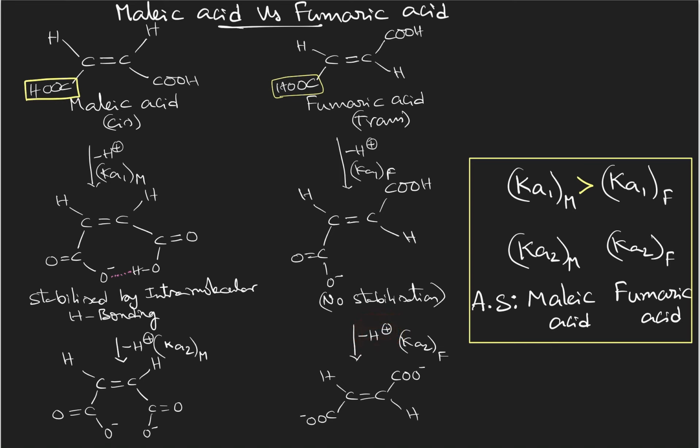Therefore, you can say that in the comparison between Ka2 values, fumaric acid Ka2 is higher than malic acid Ka2. But if you observe here, malic acid Ka1 is higher, whereas fumaric acid Ka2 is higher. So how do you compare when they are crisscross?